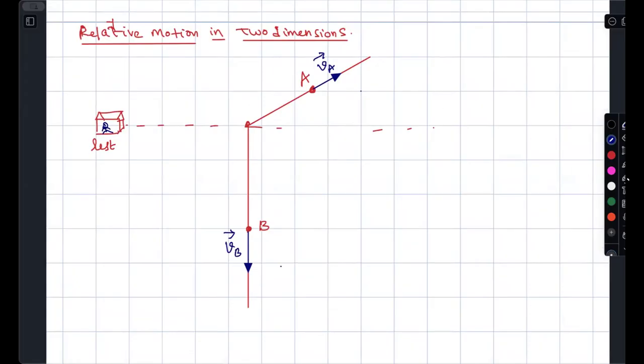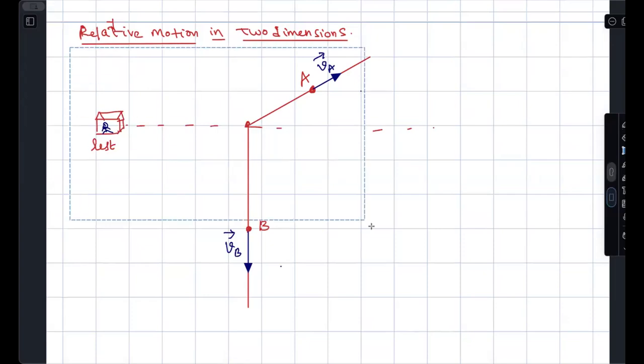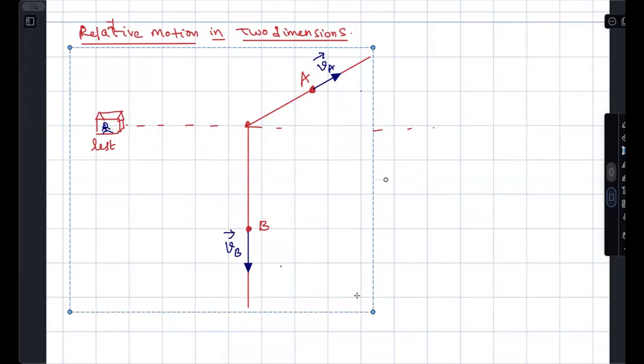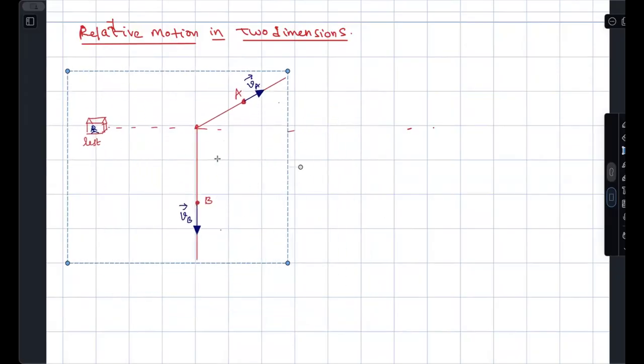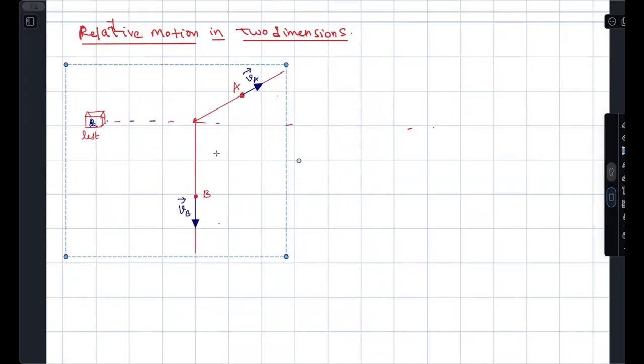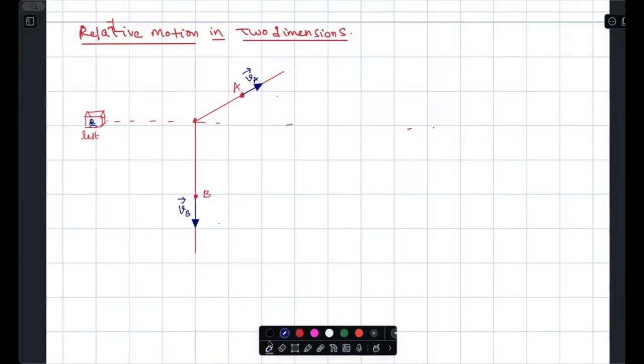Now imagine that I am going to see this entire world. This is all what we have. This is with respect to ground. The picture you are seeing is with respect to ground.